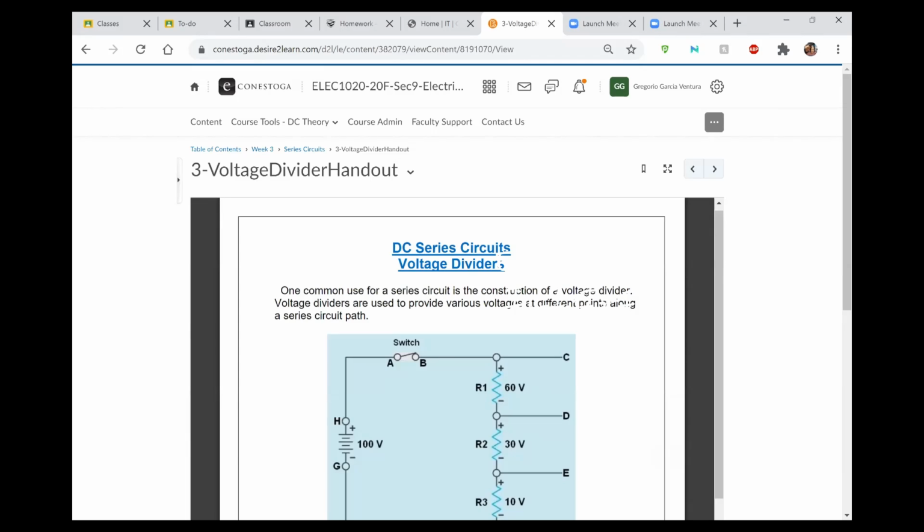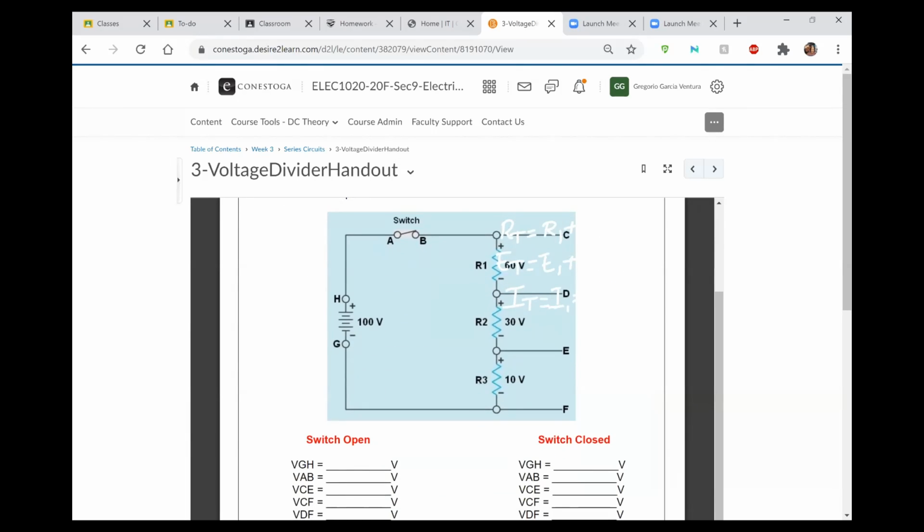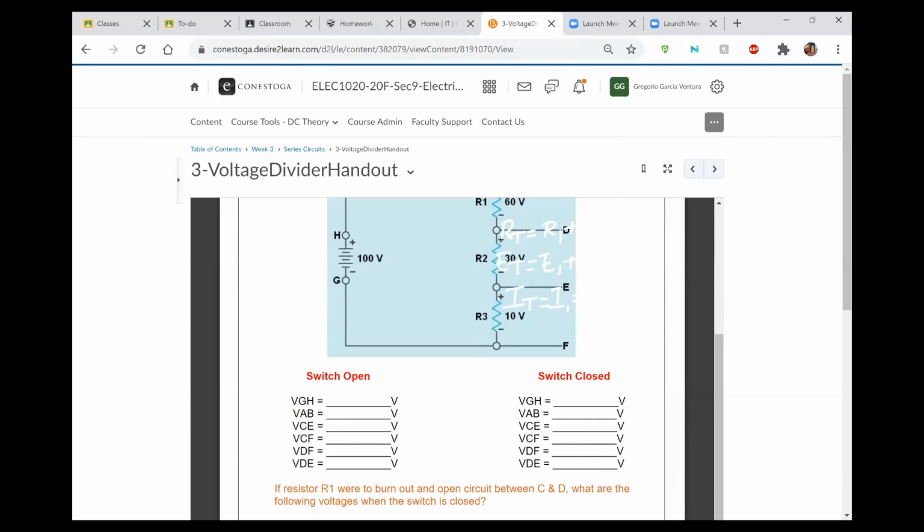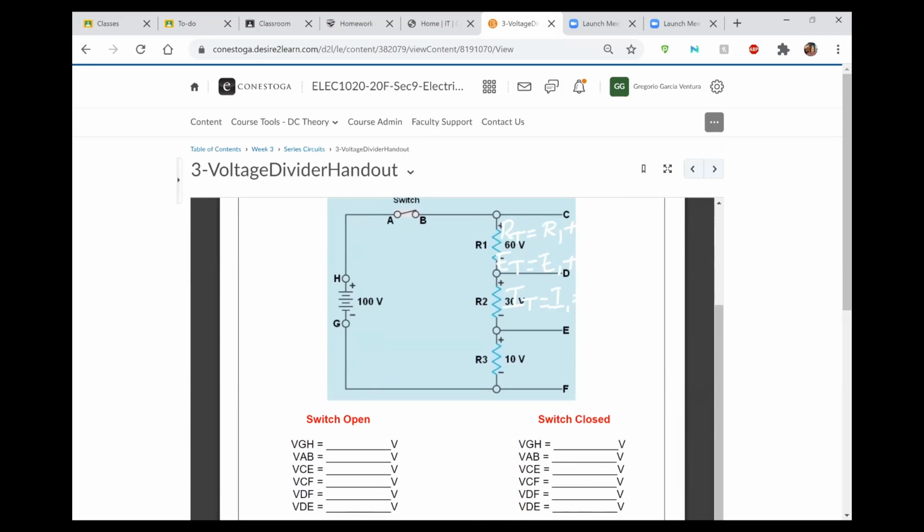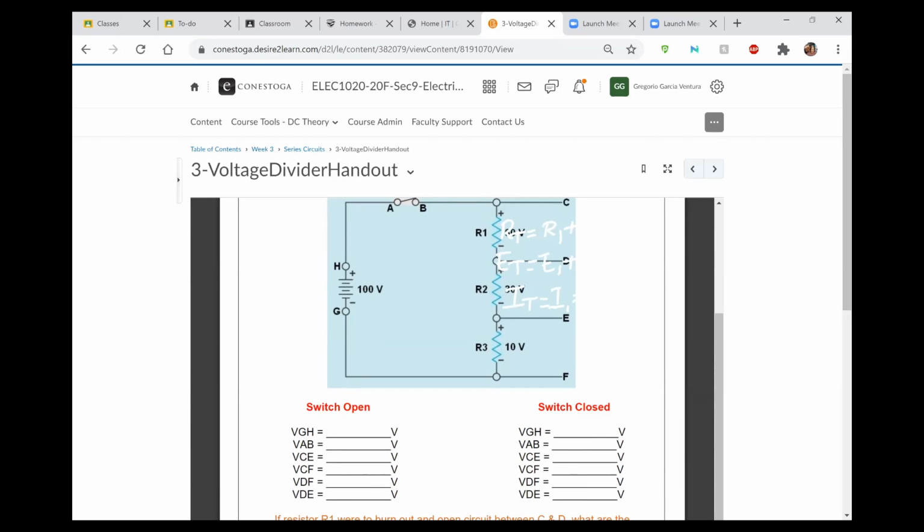If we go back into this handout, where we have the different questions about what's going to happen whenever the switch is open. From the simulation itself, we were able to see that with the switch open, the voltage between A and B is going to be equal to 100 volts.